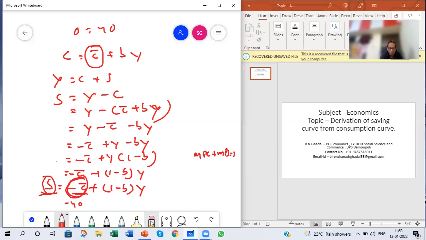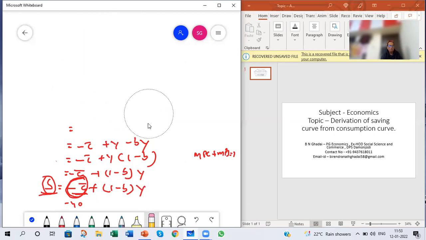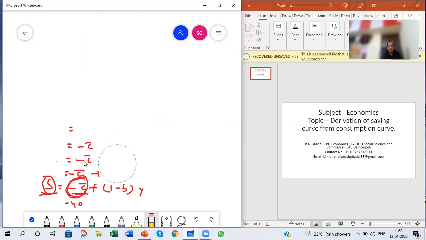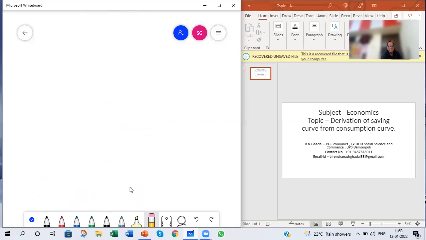Now we'll go to derive the saving curve from the consumption curve, because the same equation will be used. We have seen that the saving function or saving equation can be derived from the consumption equation or consumption function.